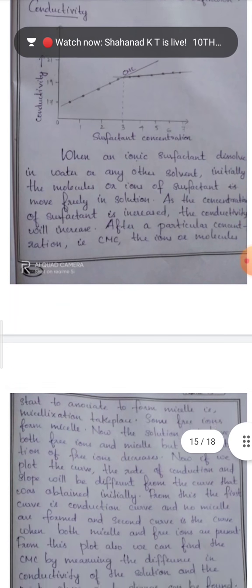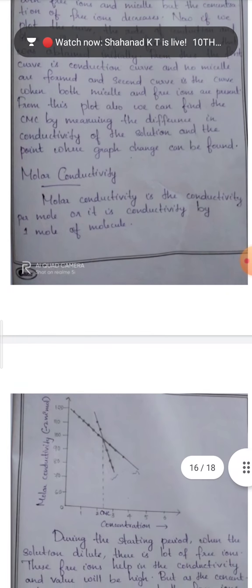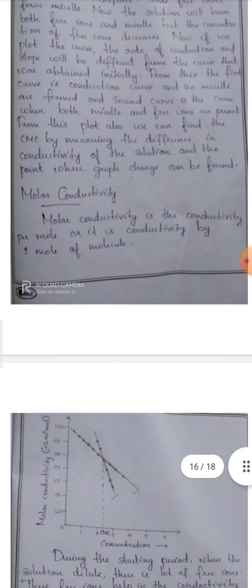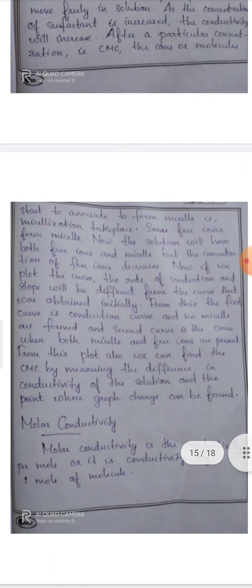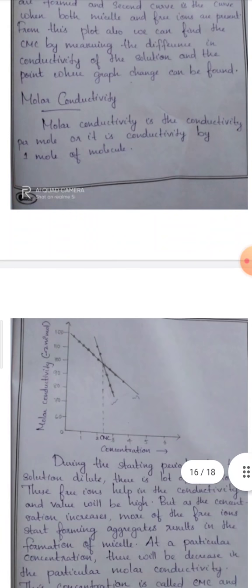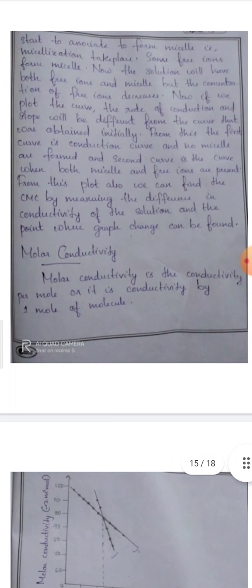After the critical micelle concentration, the slope changes. The second curve is the one when both micelles and free ions are present.